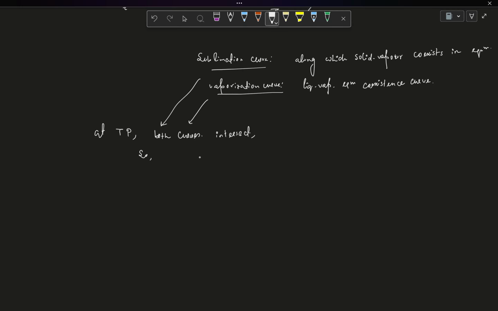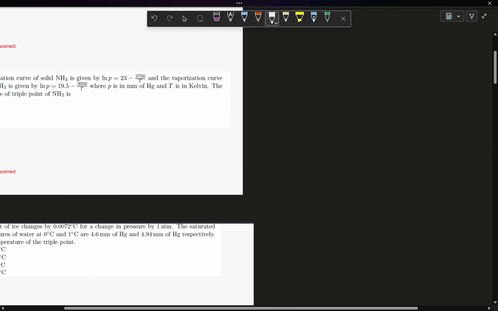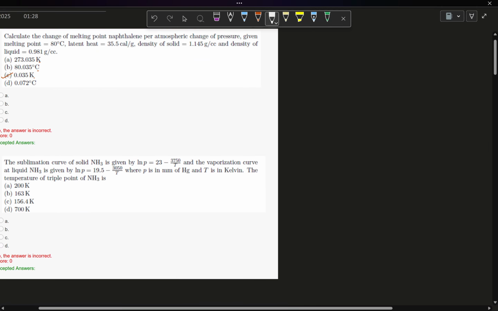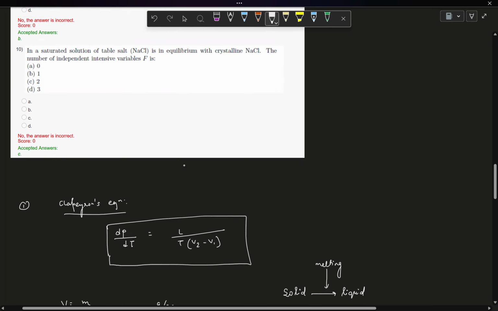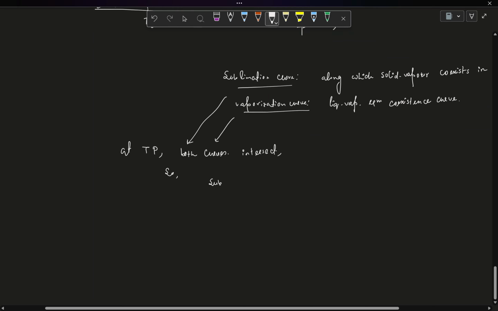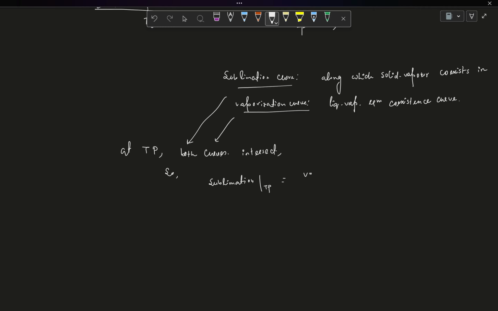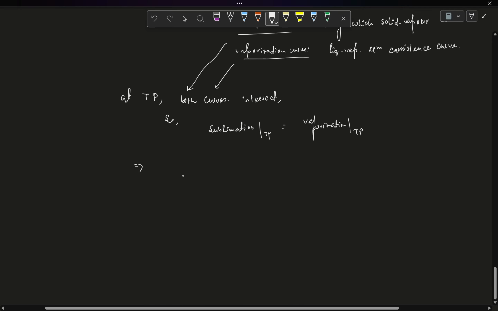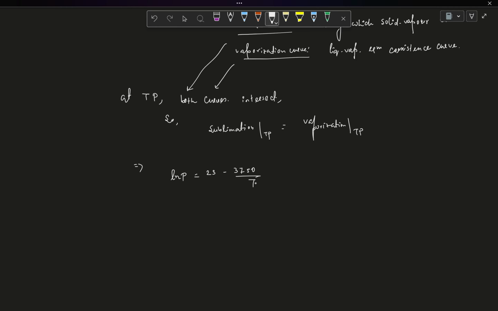Basically, your first equation is ln p equals 23 minus 3750, the sublimation curve one, so let me write that down. The sublimation curve value at triple point is equal to the vaporization curve value at triple point. So your sublimation is ln p = 23 - 3750/T, right?